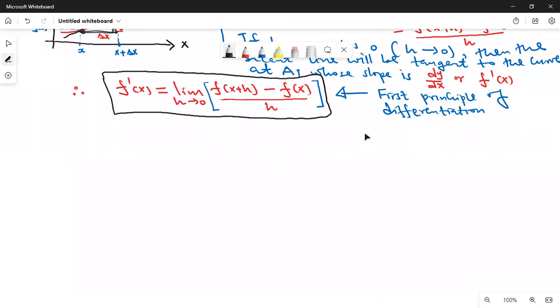Examples. Find f prime of x given the following functions.